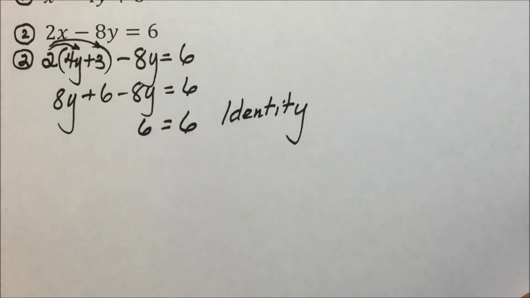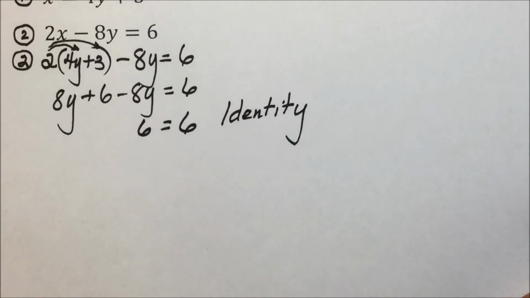When the variable is gone, we have two possibilities. Like the last one, where we had a contradiction and no solution because the lines were actually parallel.